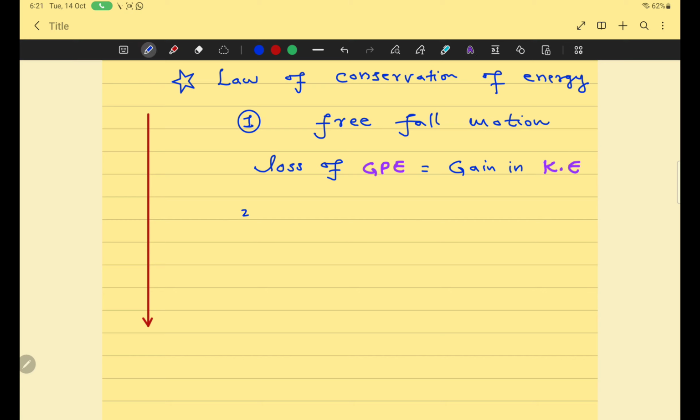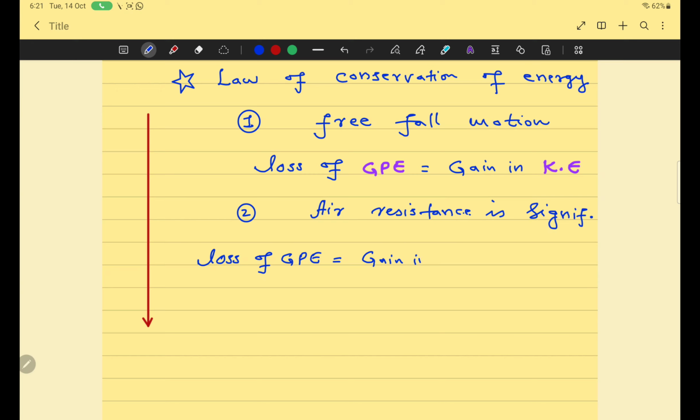But if an object is falling down and there is air resistance, if air resistance is significant, then we change the equation. The loss of gravitational potential energy is equal to the gain in kinetic energy, but there is another factor involved, that is air resistance.